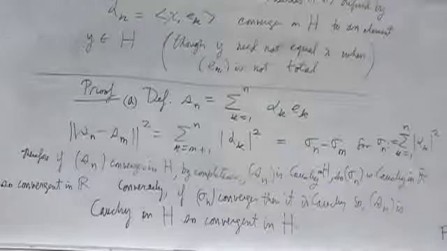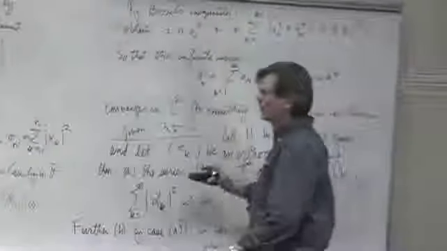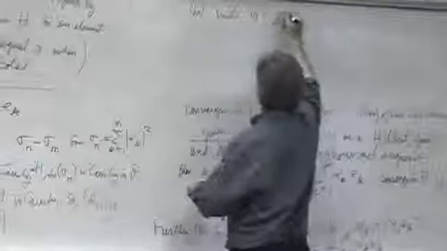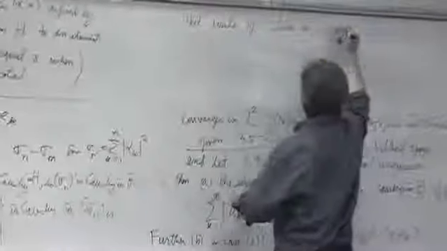B simply follows by the good old continuity of the inner product. We can write alpha k equals the inner product of y and e k. In other words, for B, write y equals the limit Sn in H. Okay, that means in the norm of H, the limit is holding.